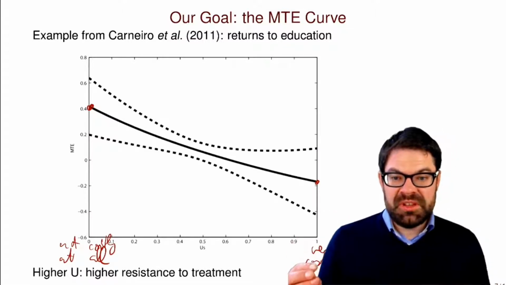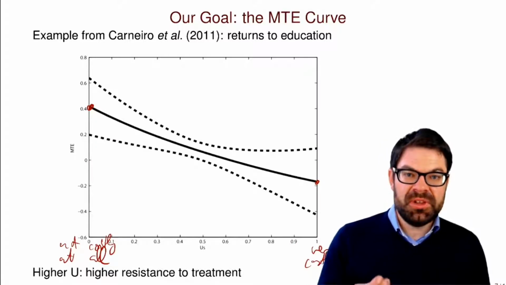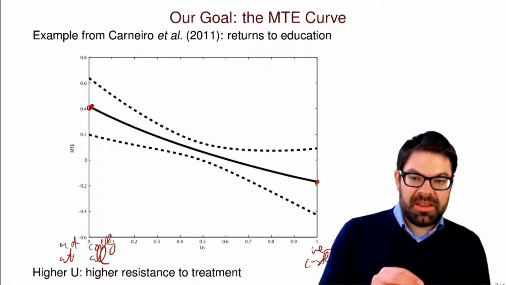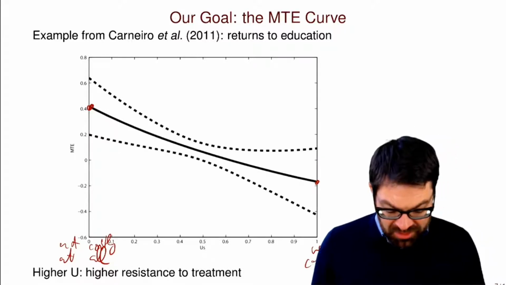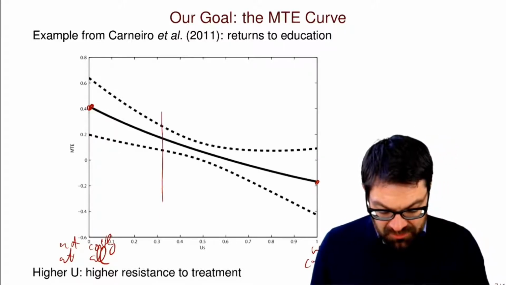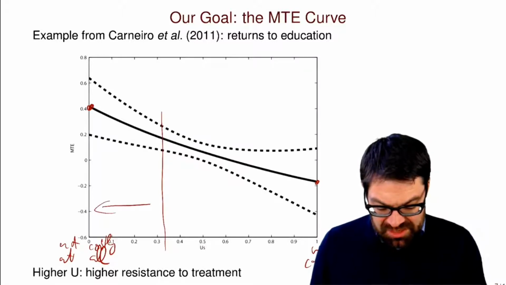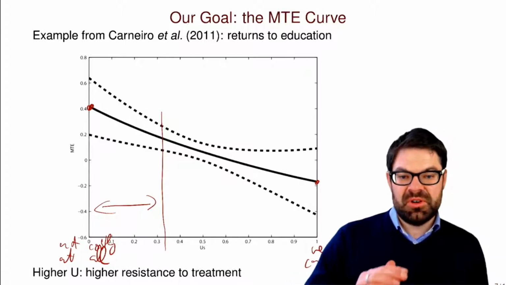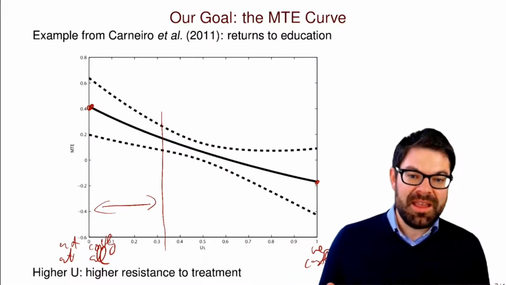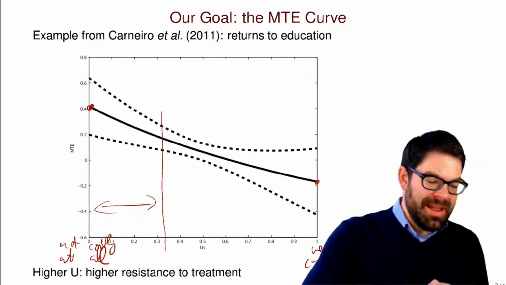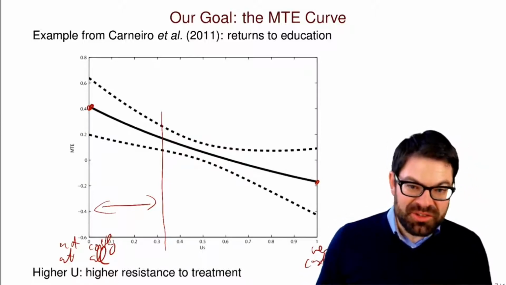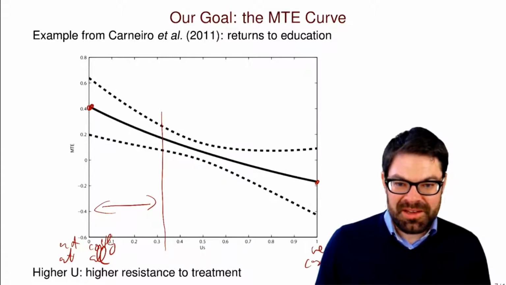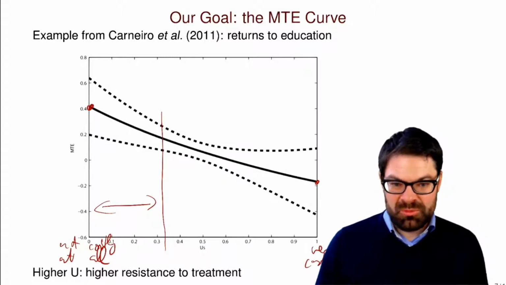And that will obviously depend on who gets shifted into or out of treatment. So for example, with my current policy, in fact, everyone in this range chooses to get treated. So these are the guys for whom the returns to education are positive, and that's why they get it. If I then do an educational expansion and I want to get those people who currently are not getting that higher level of education, I want more of them to go to college.